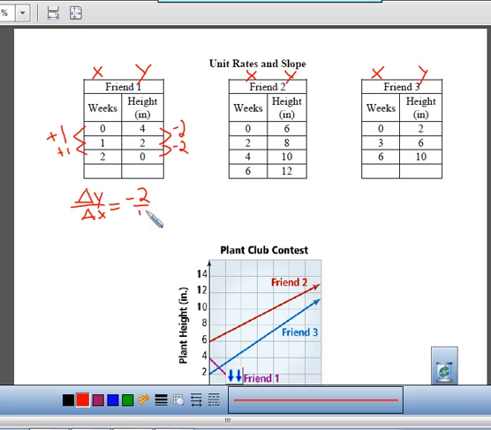So what does that mean? That's -2, and then the height is in inches, over 1 week. So this plant is growing -2 inches every week.